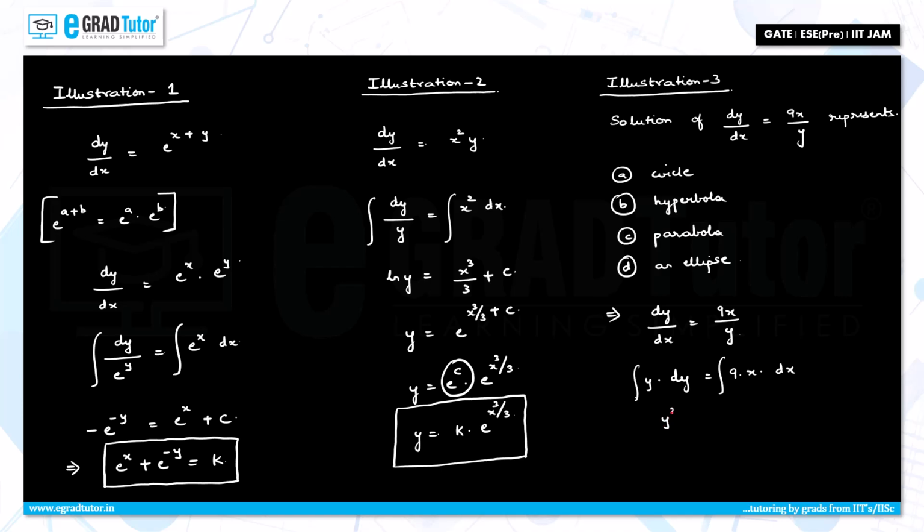So you get y square by 2 is equal to 9x square by 2 plus c, some constant. Now bring this to the other side. What is it that you get? 9x square by 2 minus y square by 2 is equal to some k.